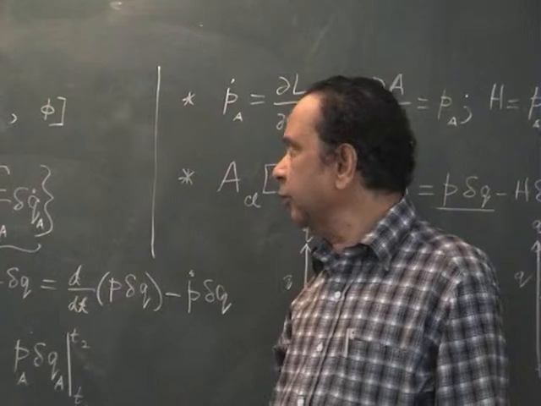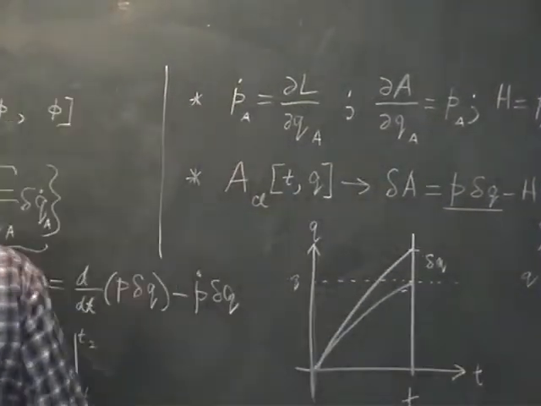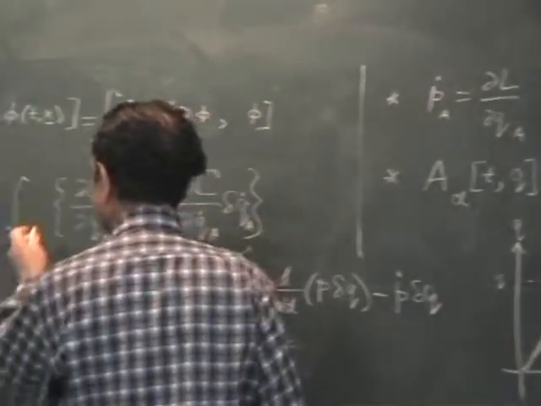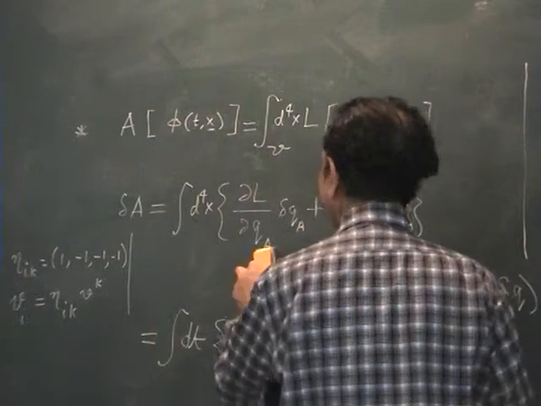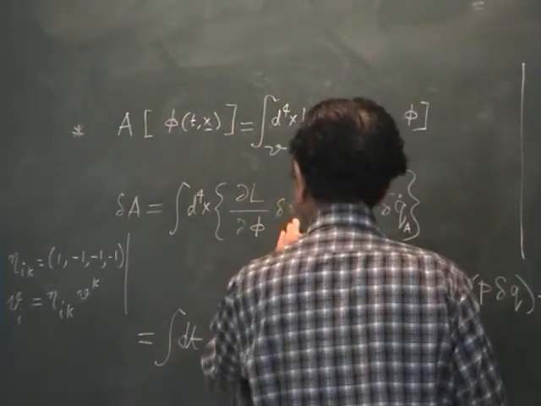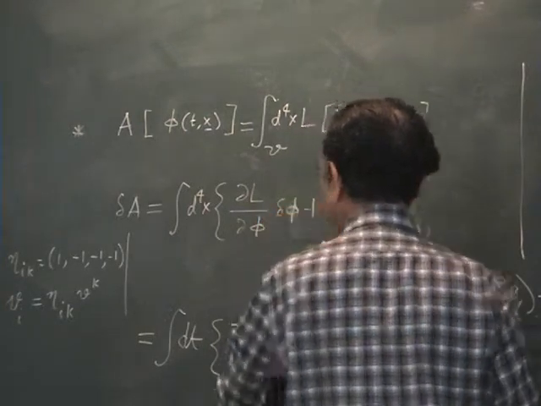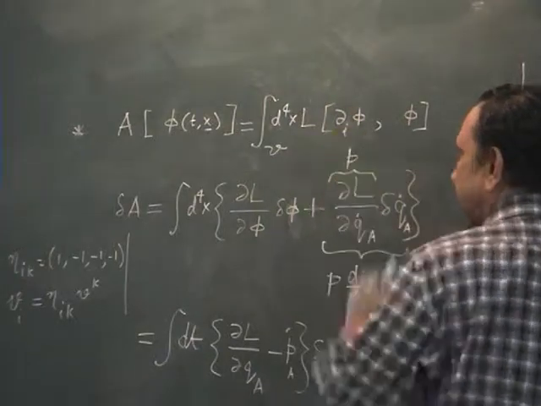What do we want to do? We want to vary the fields. So let us see what happens. When you vary the fields, you have a d4x here, and you have delta phi, ∂L with respect to phi, then instead of q dot you are going to have ∂_i phi.